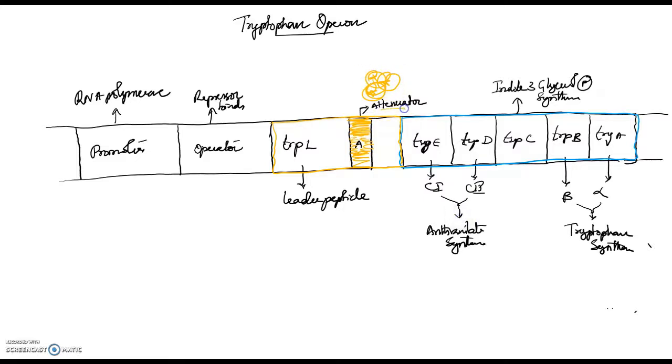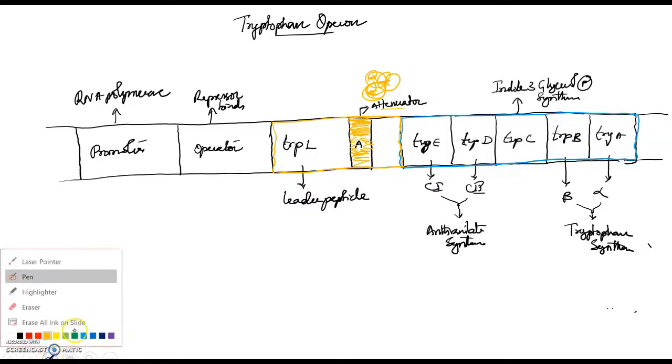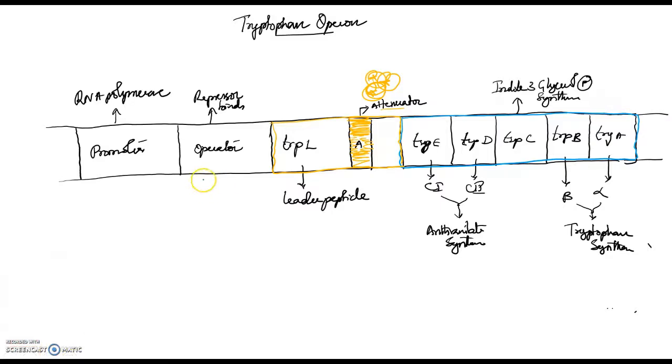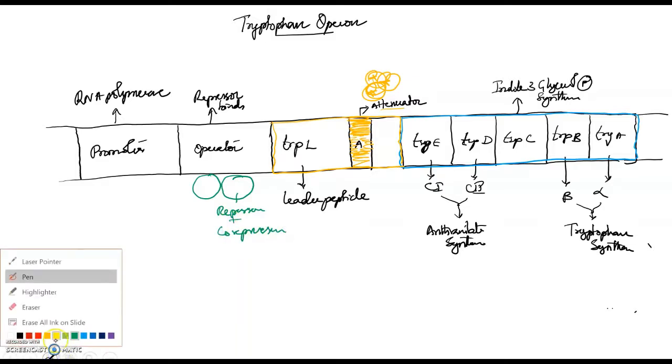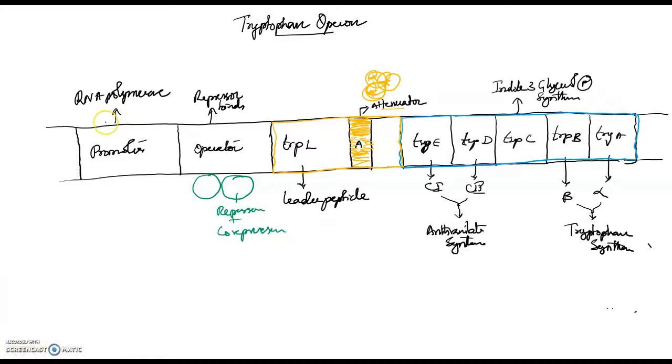This attenuator region is a part of the tryptophan L. Now, the operator area is the area where your repressor plus co-repressor will come and bind, and the promoter region is the region where your RNA polymerase will bind.